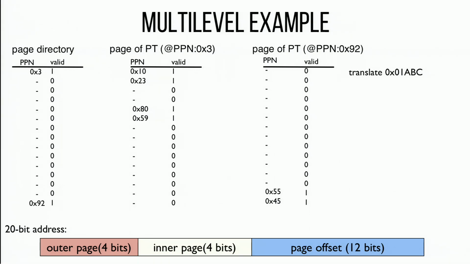So we look at the top 4 order bits, which is the first hex digit. It's 0, so it's the 0th entry in our page table. Set up very nicely. You can tell you're not making mistakes here. The page table for the outer page 0 lives at physical page 3 in physical memory. I've told you with the second column, second table, what its contents are.